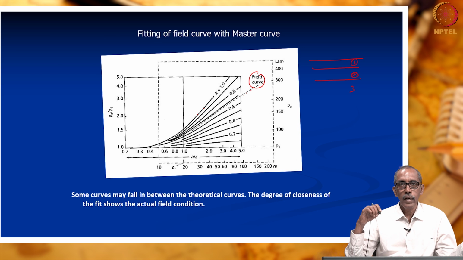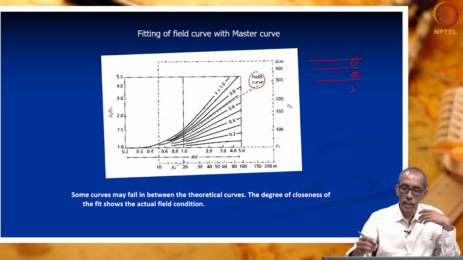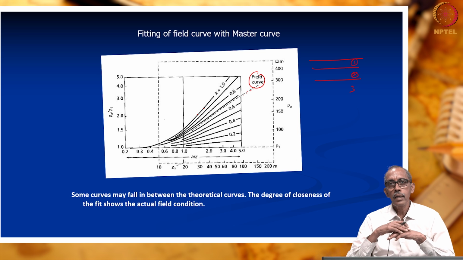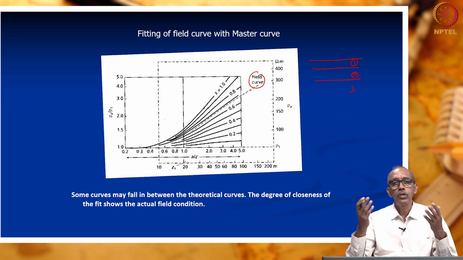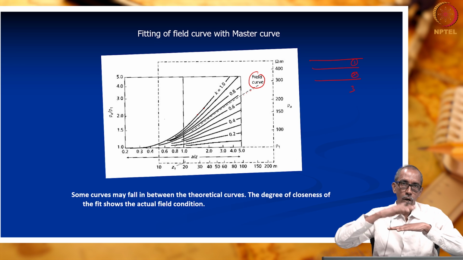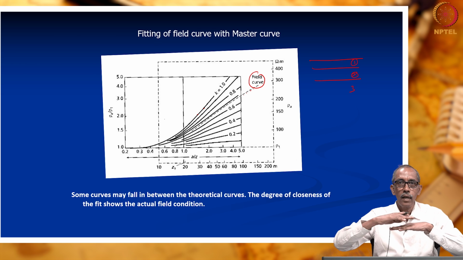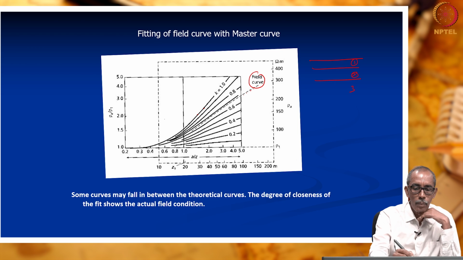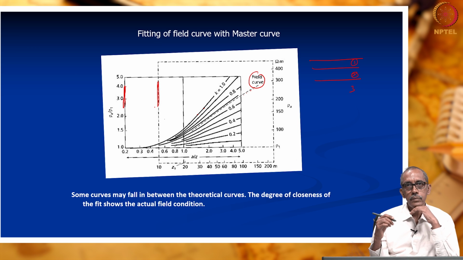At the field, we carried out the resistivity survey and we have drawn the resistivity curve based on the data collected from the field, that is this dotted line. This dotted line, the field curve, is usually plotted on a transparent sheet and this transparent field curve is kept over the master curves and we move the transparent sheet either right or anywhere, but always the axis of both the sheets at the bottom, this axis and this axis, has to be parallel, right.